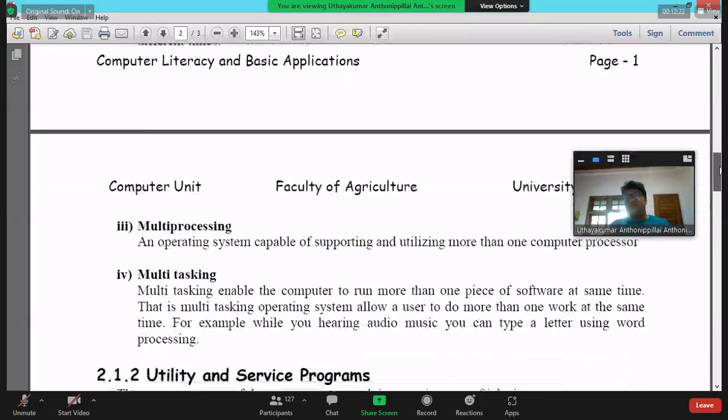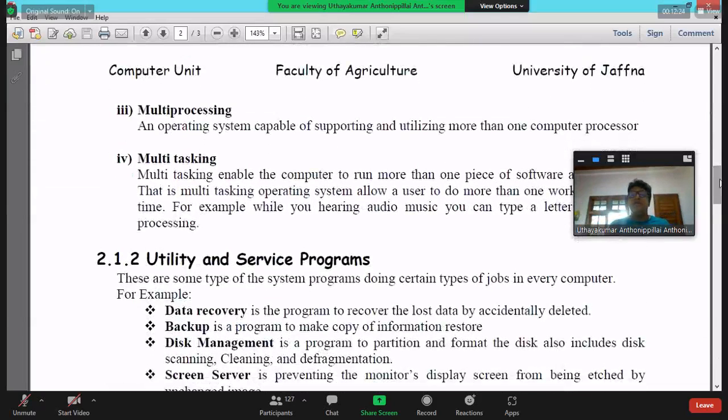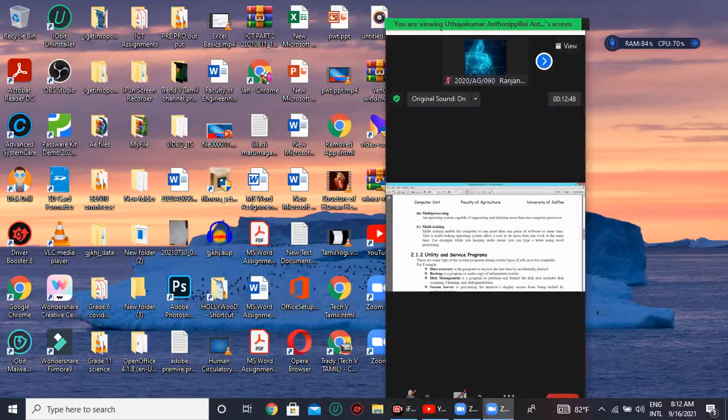Second one, multi-processing, right? Multi-processing: an operating system capable of supporting and utilizing more than one computer processor. Normally, if we use one computer, that computer has only one processor.